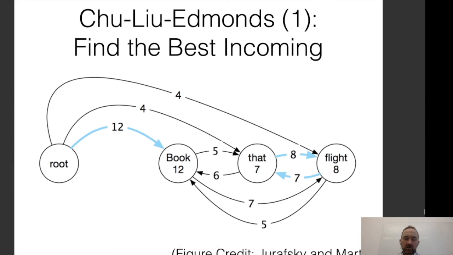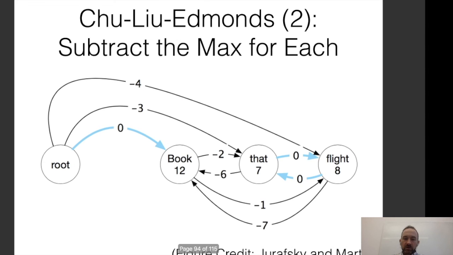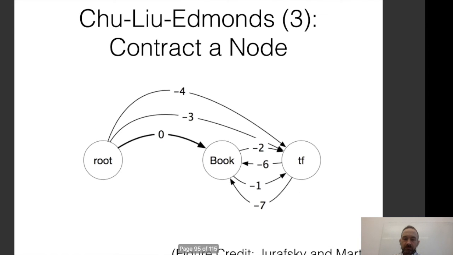So here's an example. Book that flight. In this case, we first find the best incoming edge to each node. And here, root going to book is the best incoming edge, but that and flight both have each other as the best incoming edge, so we have a cycle here. We subtract the max for each edge from the scores.